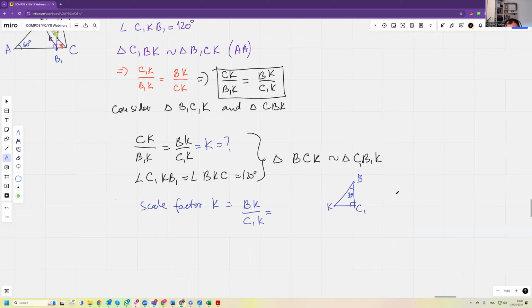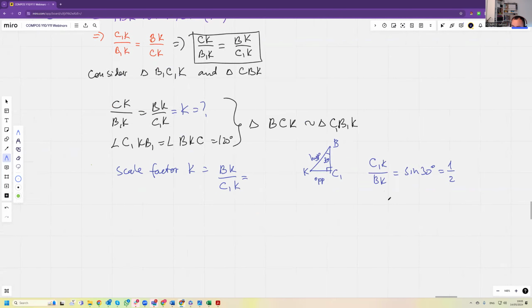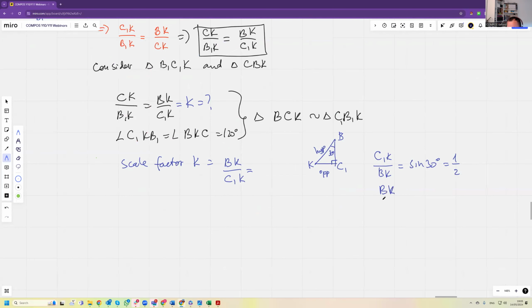So C1K to BK equals sine 30 degrees, because it's the opposite divided by hypotenuse, right? But sine 30 we know is equal to 1/2. All right, so that means that BK to C1K is 2.